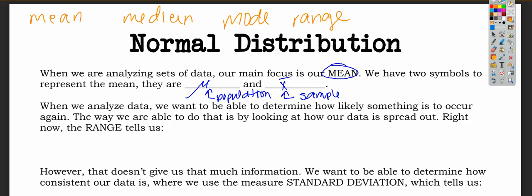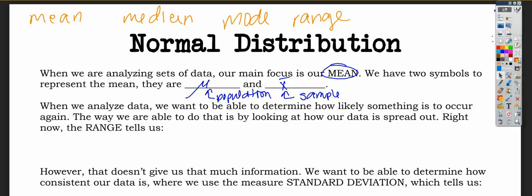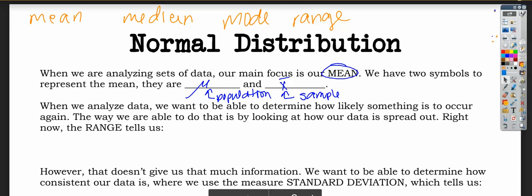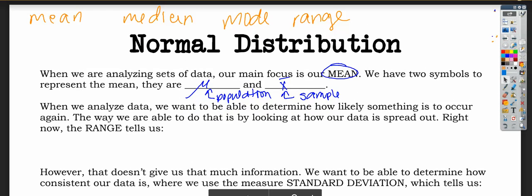If I analyzed all of my students' SOL scores, that would be a sample. But if I wanted to analyze the entire state of Virginia's SOL scores, that would be a population. In further statistics classes you would see that those values are different, but in this class, like I said, you just need to know that they mean mean.